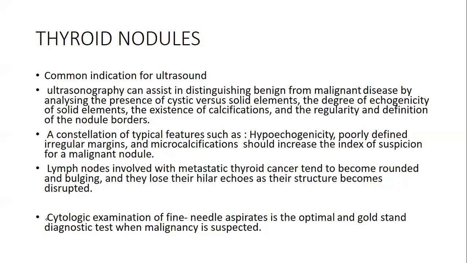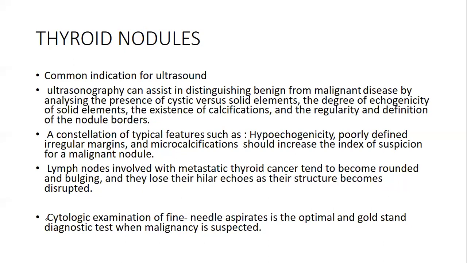So ultrasound can assist in distinguishing benign from malignant disease by analyzing the presence of cystic versus solid elements, the degree of echogenicity of the solid elements, the existence of calcifications, and the regularity and definition of the nodule borders. So a constellation of typical features such as hypoechogenicity, poorly defined irregular margins, and microcalcification should increase the index of suspicion for a malignant nodule.